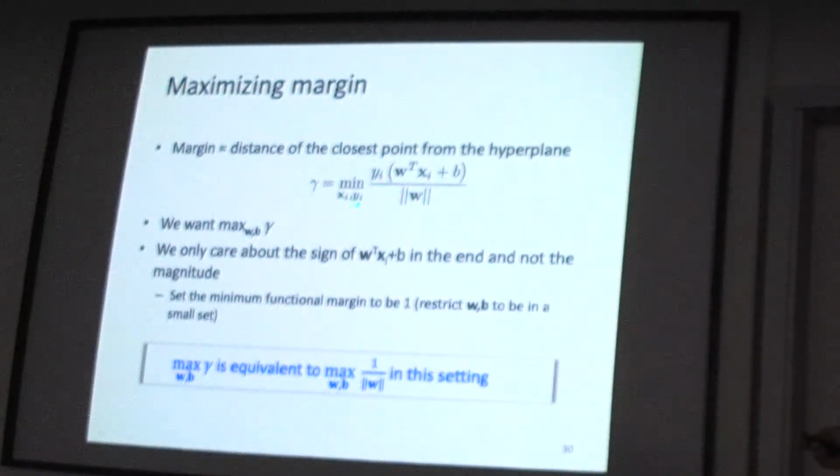If you assume this minimization of the numerator is always 1, your margin is simply 1 over the norm of W, and you only need to solve the maximization problem. You can ignore the inner minimization problem. You do not need to go over all the training examples. That is the big advantage, right? We actually get rid of the inner minimization problem.